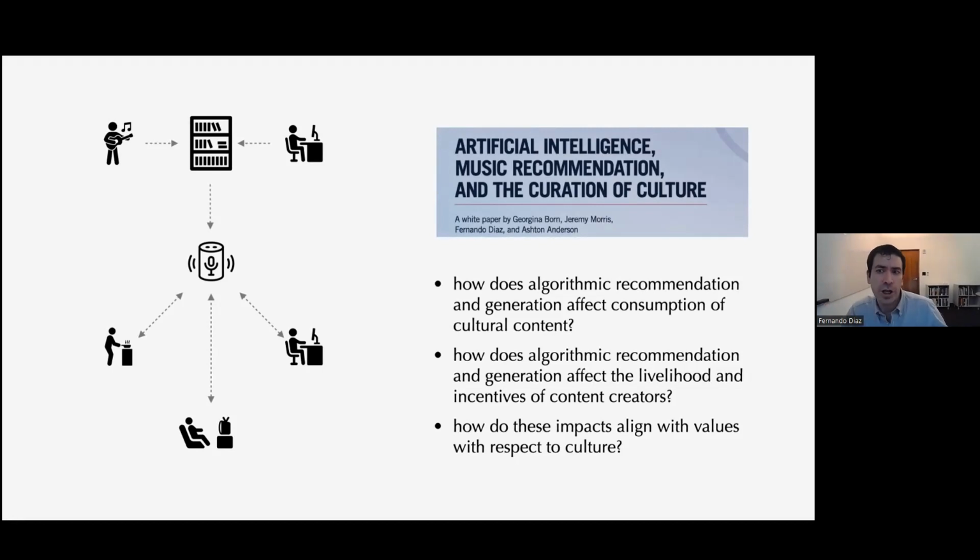So what sorts of genres are actually being sought out, and what sorts of things are being accessed in that repository? Secondly, we're also asking ourselves, how does algorithmic recommendation and generation affect the livelihood and incentives of content creators? And then finally, how do these impacts, however they emerge, align with the values that we might have with respect to culture and promoting a diversity of culture, for example?